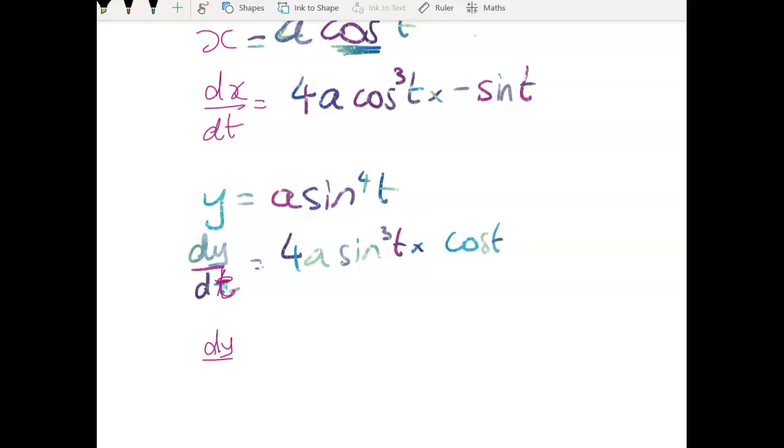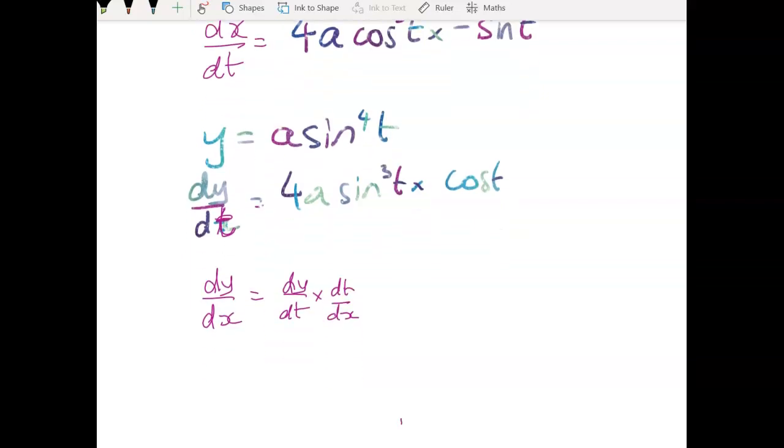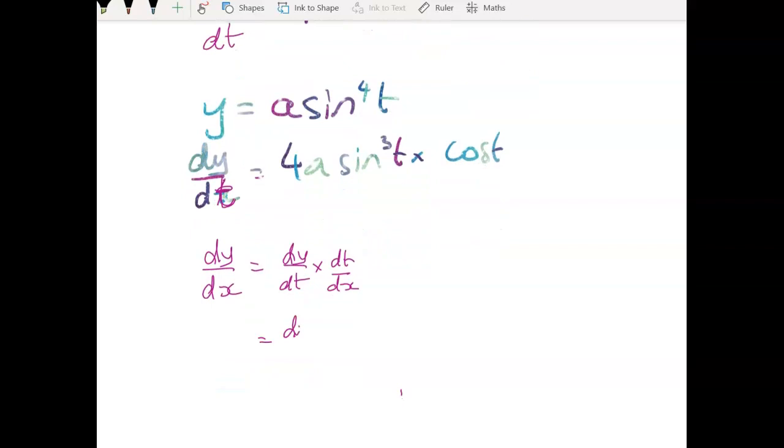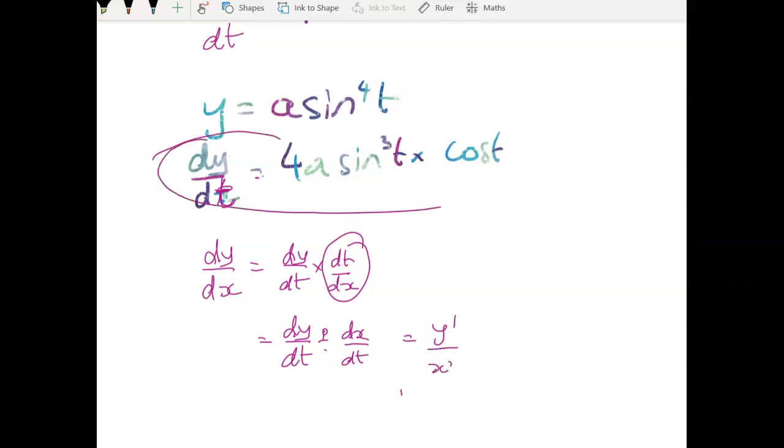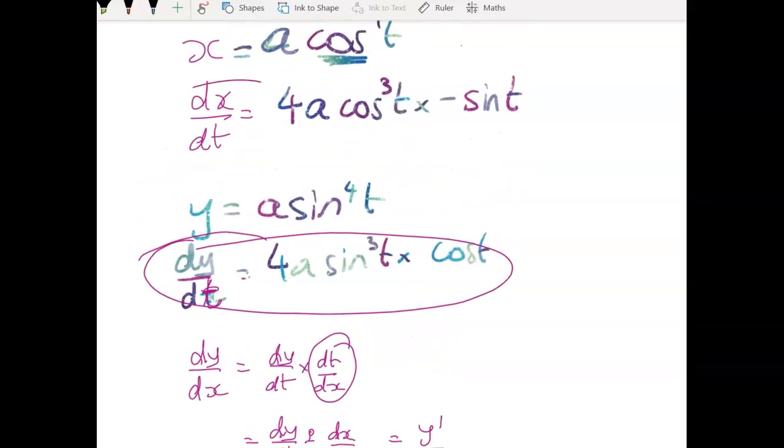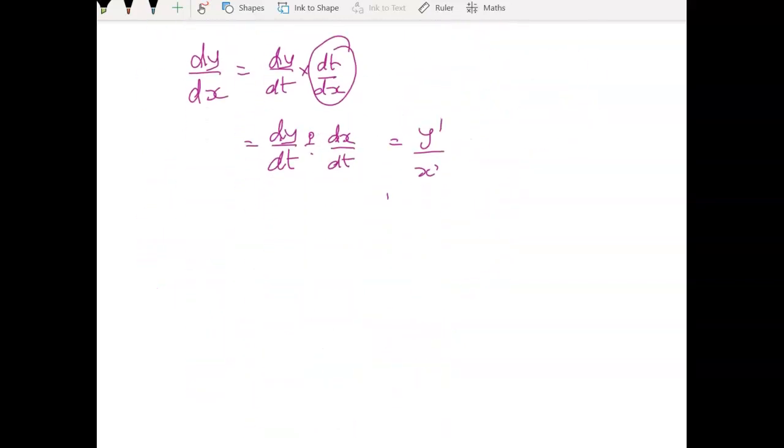Right, so dy by dx is always in parametric equal to dy by dt times dt by dx, using the chain rule again. And if we're timesing by dt by dx, that's the same as dividing by dx by dt. And we can write that as y dash over x dash. So what we're going to do now is we're just going to combine these and chuck them in.